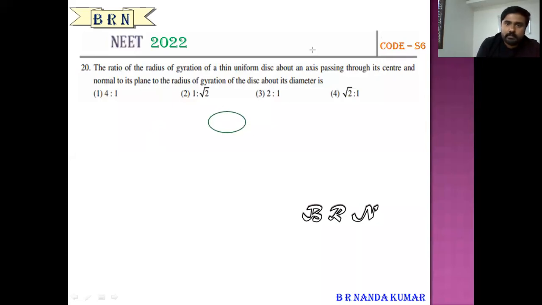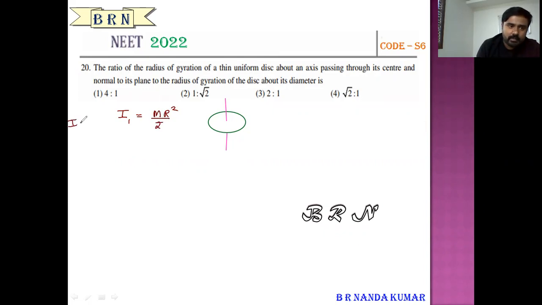Okay, this is a circular disk, axis passing through center and perpendicular to the plane. So here what is the moment of inertia? In this case, moment of inertia I1, mr squared by 2 ಬರುತ್ತೆ.